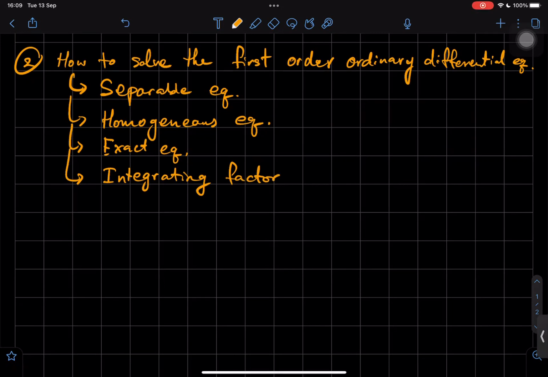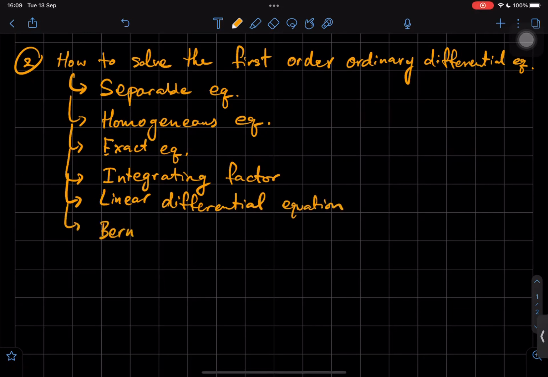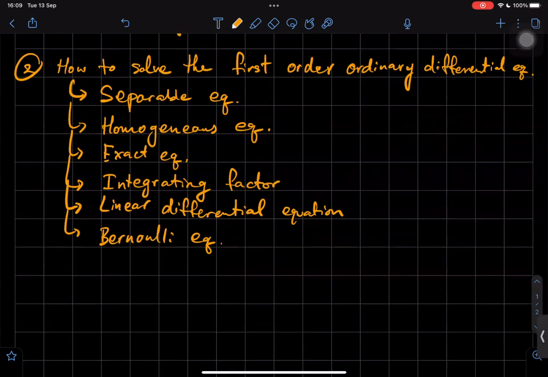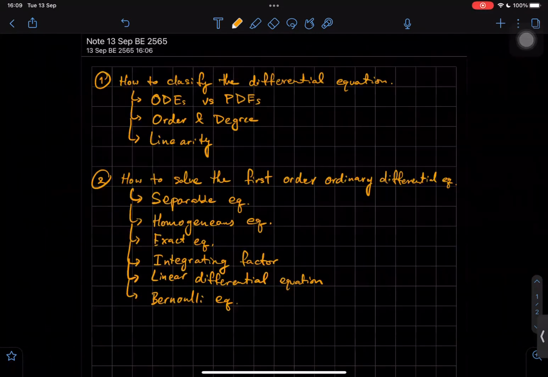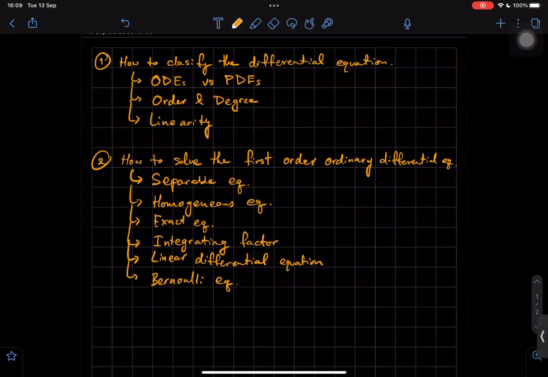Okay, and also we know how to solve when it is a linear equation, and also the Bernoulli equation. Okay, so this is what we already learned last time.